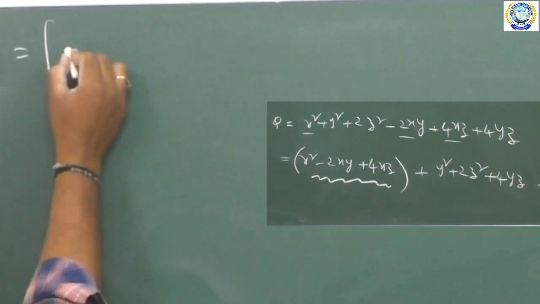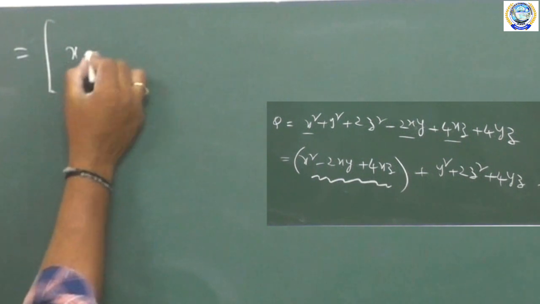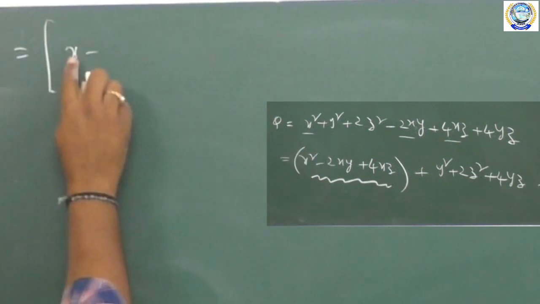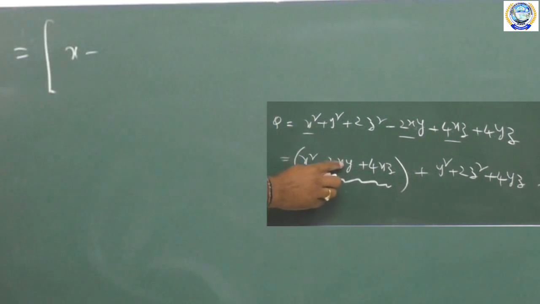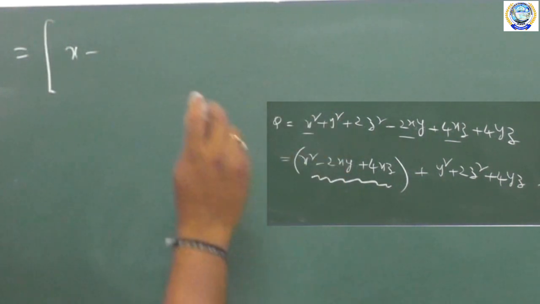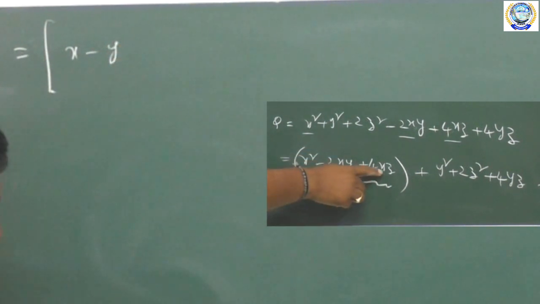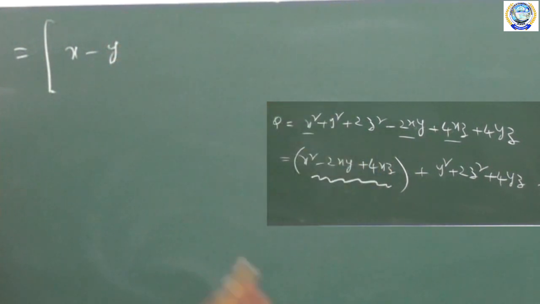this is equal to x minus, we write x in place of x square and the coefficient of x is 2y. Here we write 1 by 2 into 2y, that is minus y, plus the coefficient of x is 4z.